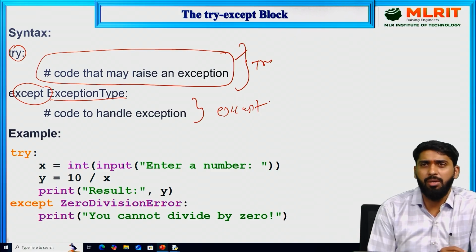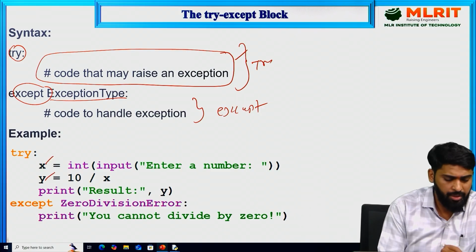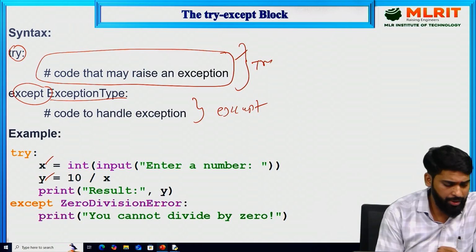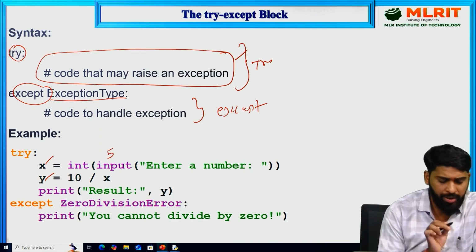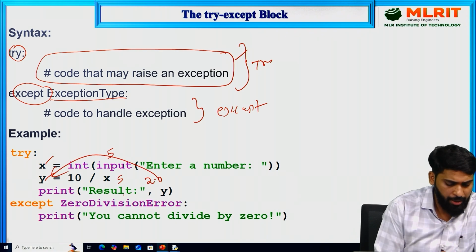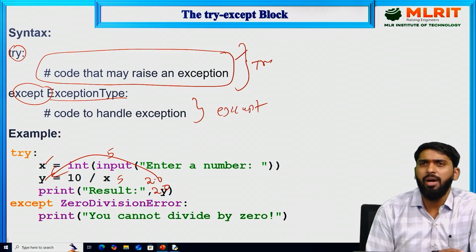Now here is the example. Here x and y: the value of x I am reading from the keyboard. For example, x equals 5, and y equals 10 by 5, so 2.0 is assigned to y and it prints the result 2.0. There is no exception.